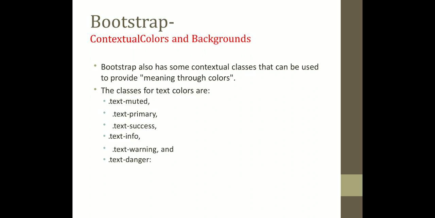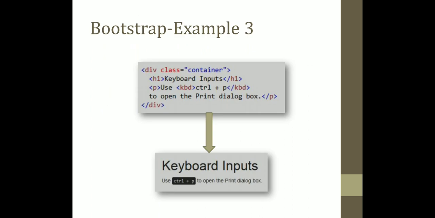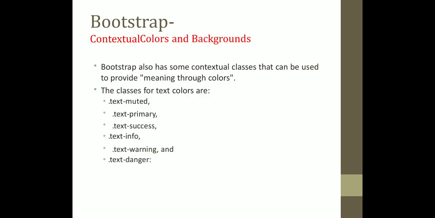The elements are stored in a grid format, which is a combination of rows and columns, and the things we are seeing in class container. Okay, the contents are created in boxed format by the container. So these are the things that are related with the container actually, and next we are going to see the contextual colors and backgrounds, how to use them with Bootstrap.